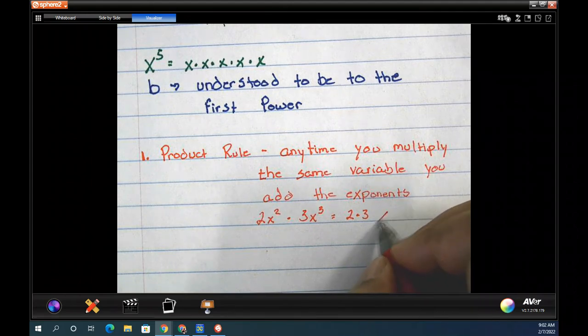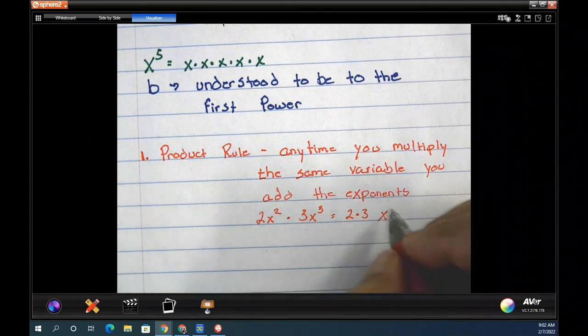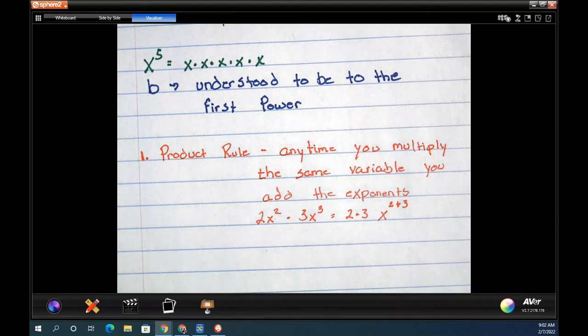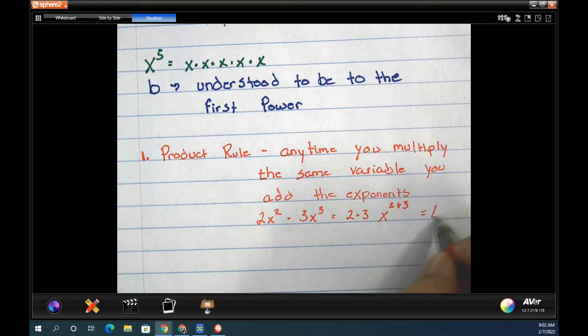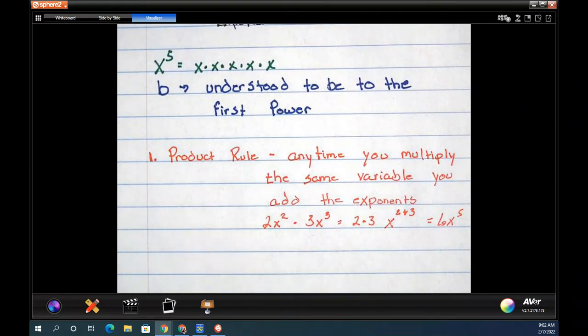And then with the variables, you add those, 2 plus 3. See that? This is usually the easiest one. So your answer would just be 6x to the fifth. All right. The next one, the last rule for the day, the quotient rule.